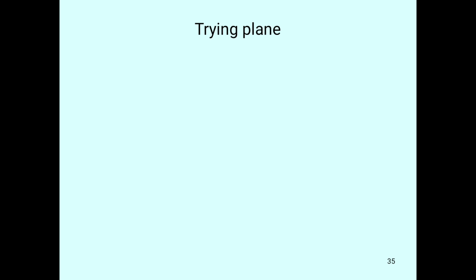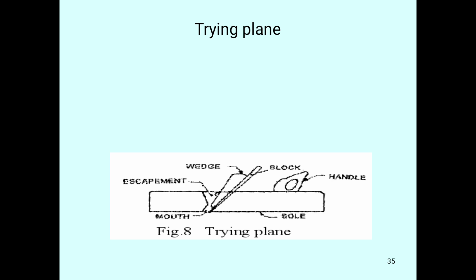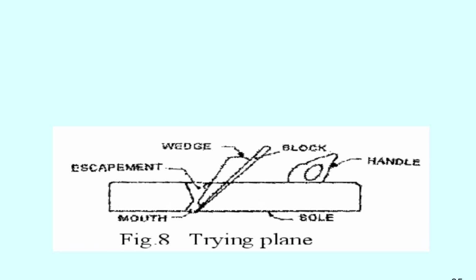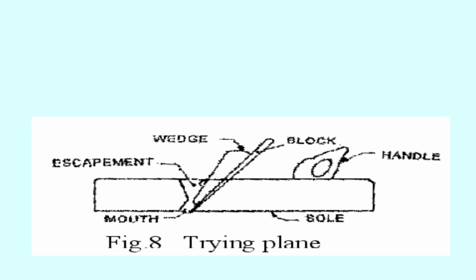Next we can see the trying plane. This is a diagram of a trying plane. I will show it zoomed. Now you can go through the parts of the trying plane: sole, handle, block, wedge, escapement, and mount.